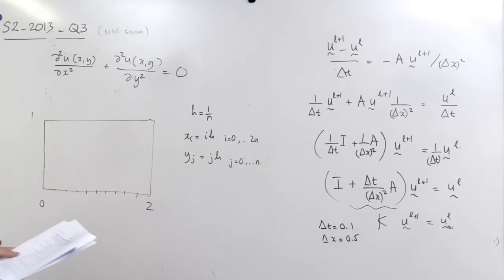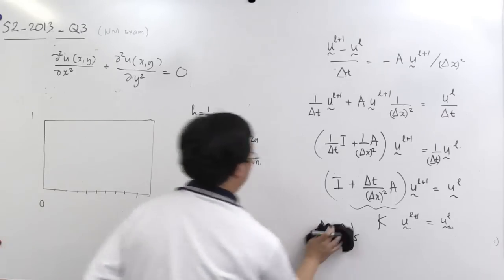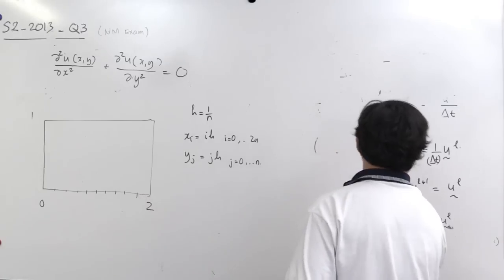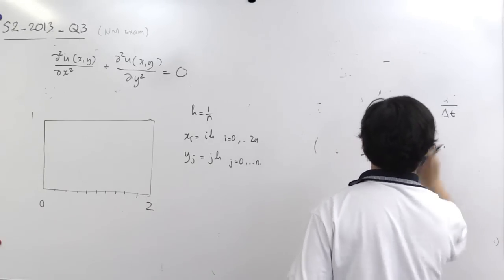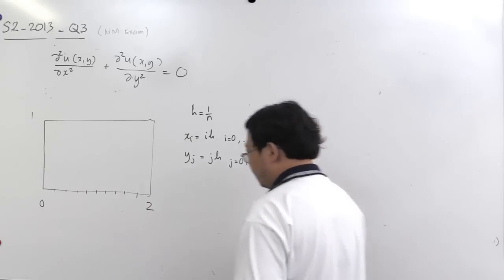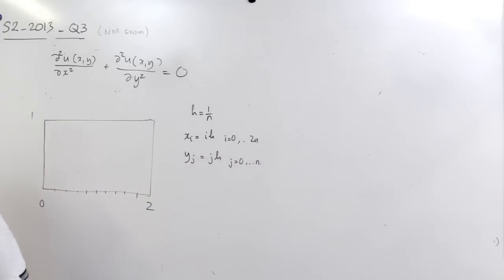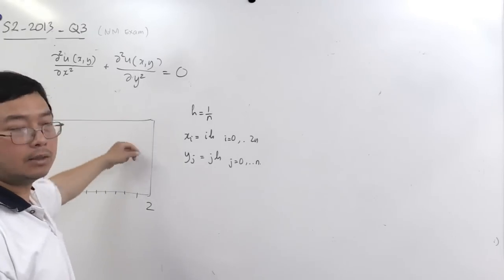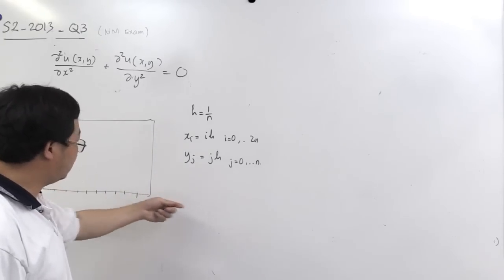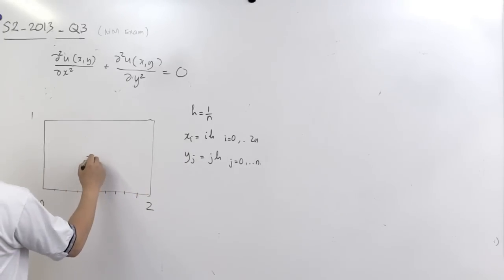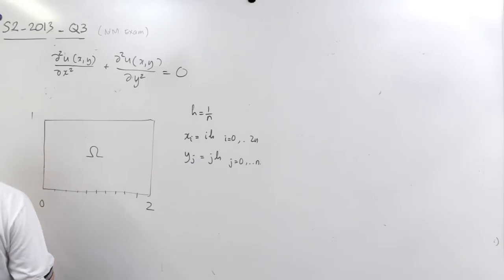Okay, so you see, like in the previous question, you have two variables, one in space and one in time. But in this question, you have two space variables, x and y. So x is in the x direction and y in the y direction on the plane. So this one is the region omega.